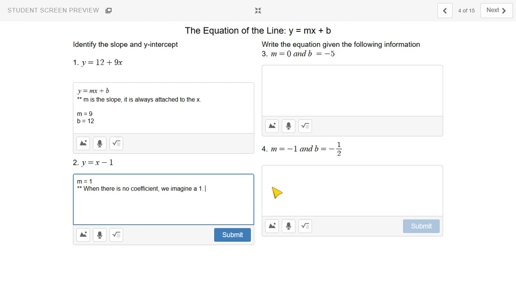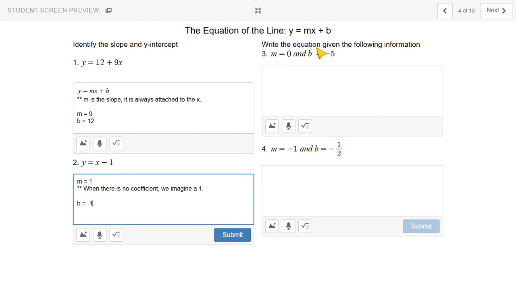Like if I'm in the classroom, you can say Miss Fan is in the classroom. You wouldn't necessarily say one Miss Fan is in the classroom because there just is one. And this is the same thing here. If I just have one, I leave it without a number, and the assumption is that it's one. Okay, B is the number that's added or subtracted, and so we have -1.